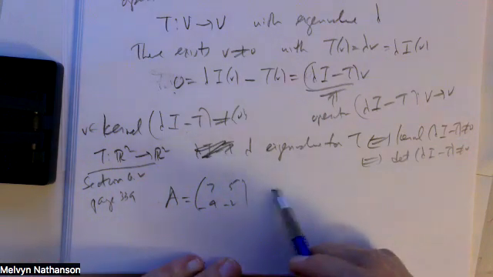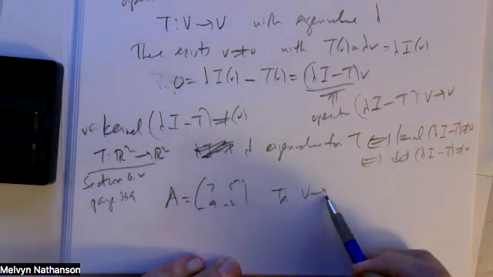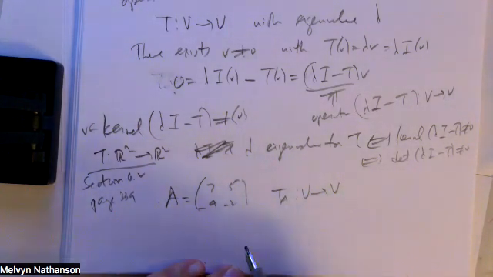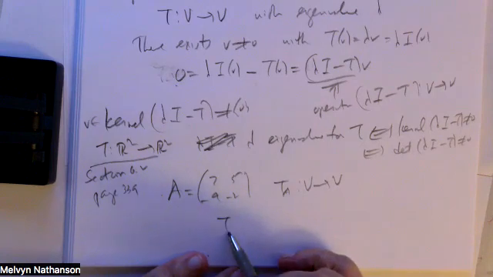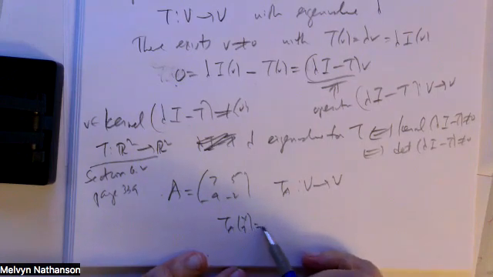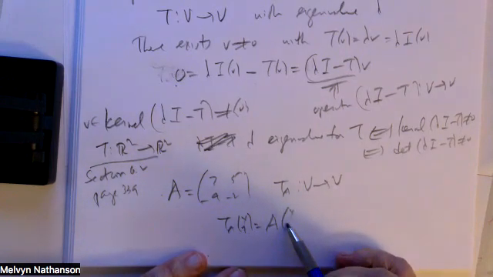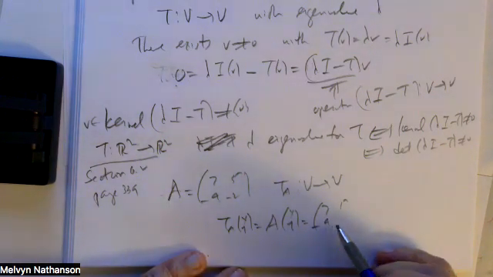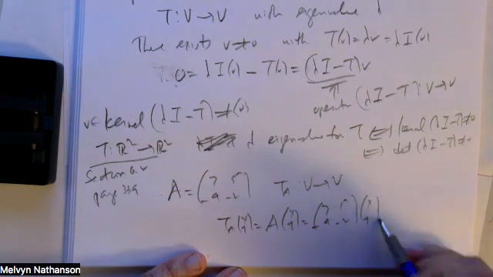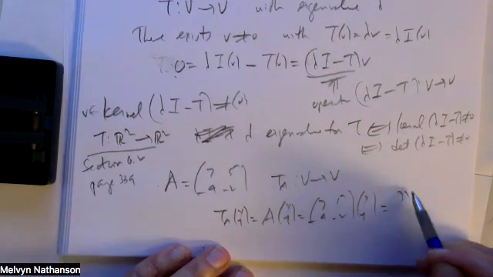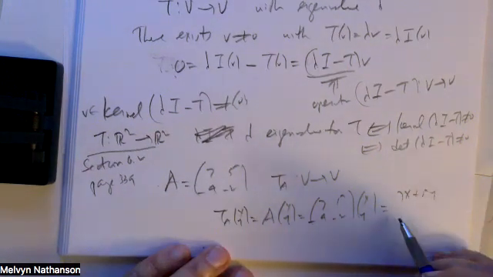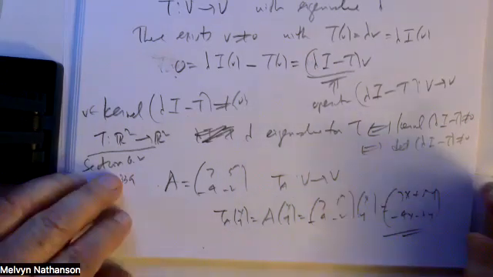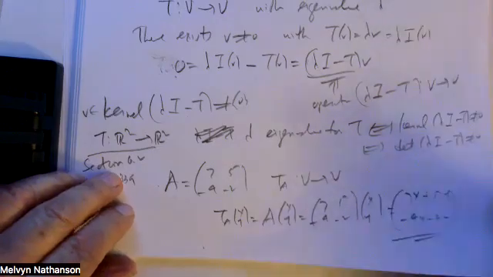So I have my linear operator T sub A from V to V. And if I apply this to a vector (x, y), T_A applied to the vector (x, y) is the matrix A times (x, y). That's 7, 5, minus 4, minus 2 applied to (x, y), which is (7x plus 5y, minus 4x minus 2y). And so that's my linear transformation.